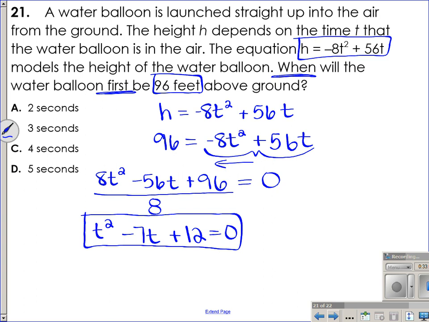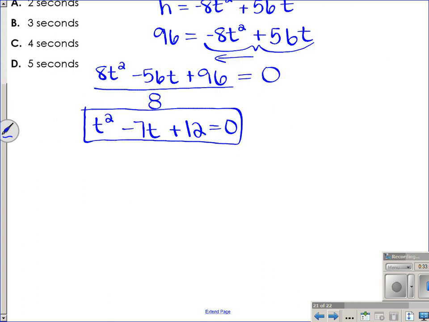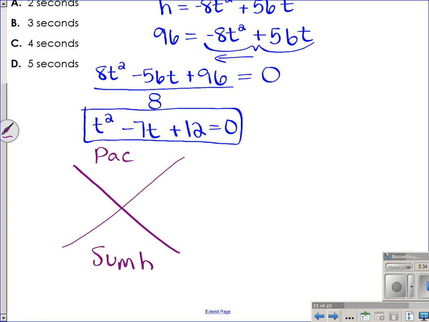Now this is the new equation I'm going to use, and the numbers are much nicer to work with. So in order to factor, we need to set up the x in box. In the top of the x is PAC, and the bottom is sum B. So what does PAC stand for again? Product of a times c.